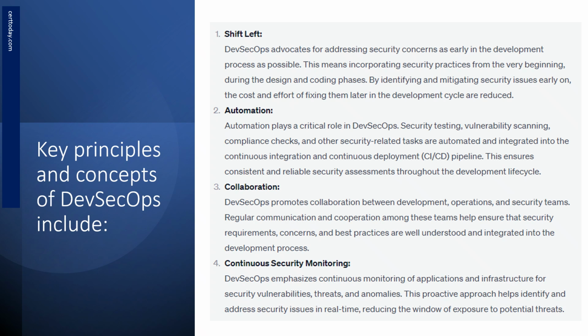Here are some key principles and concepts for DevSecOps. 1, shift left. 2, automation. 3, collaboration. And 4, continuous security monitoring. You don't need to know much about DevSecOps for this certification exam, but it is important to understand these key principles.